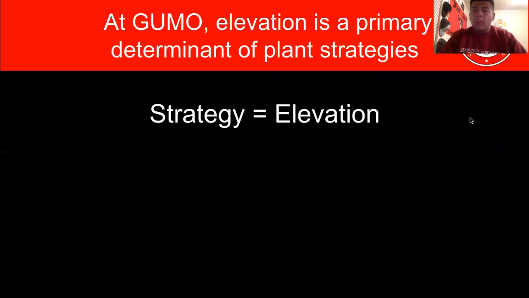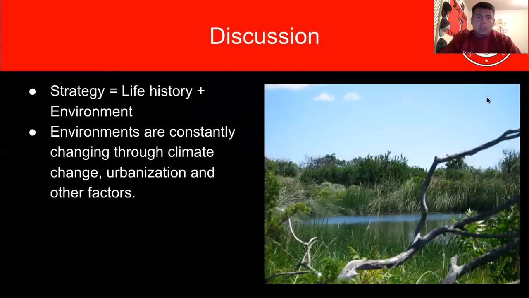So at GUMO, elevation is a primary determinant of plant strategies. Elevation was what was driving the plant strategies in this environment, alone, or as one of the primary drivers. And we can go back to this idea of strategy equals life history plus environment.